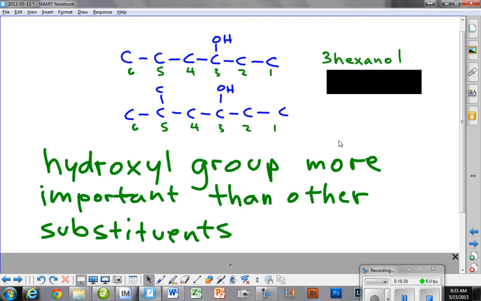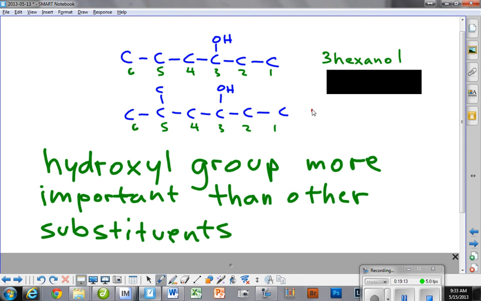Sean, would you give it a shot? Let's name this second one. No, we name our substituent first. See, hydroxyl is a super substituent, so name our mortal substituent. He's not Superman, he's just a plain old substituent.